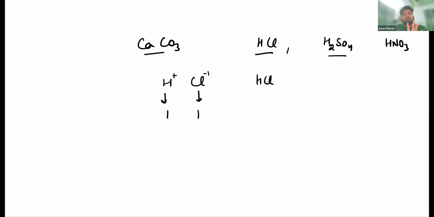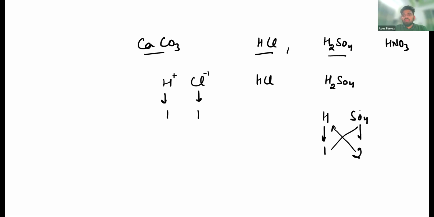Got it? If it is written as H2SO4, that is sulfuric acid. SO4 is the sulfate ion and H is hydrogen, which has one valency. So in H2SO4, the 2 comes from the SO4 ion.